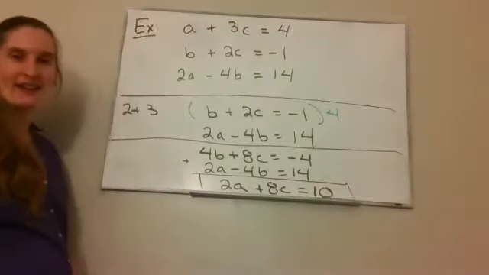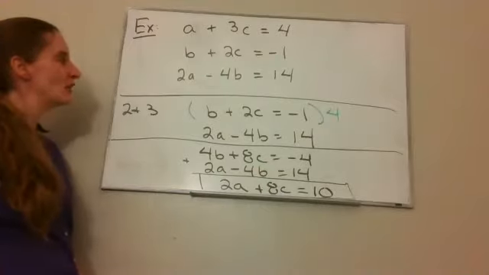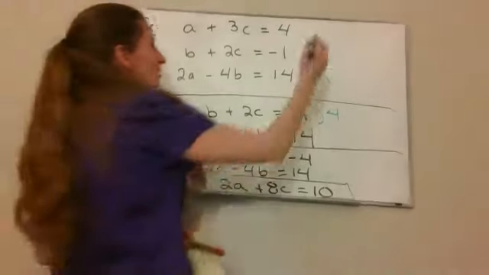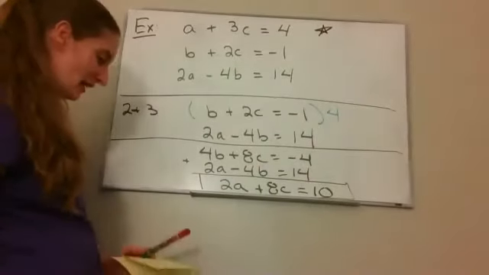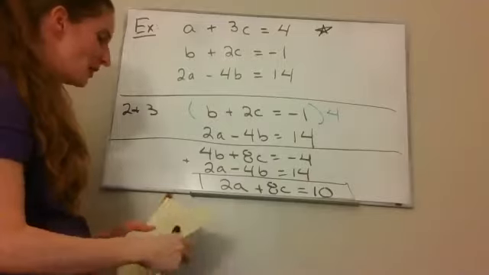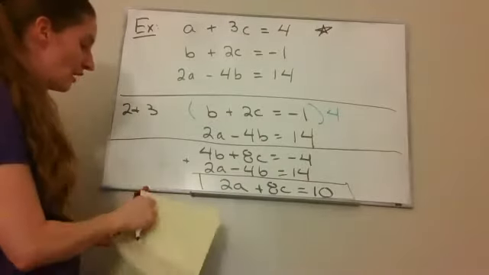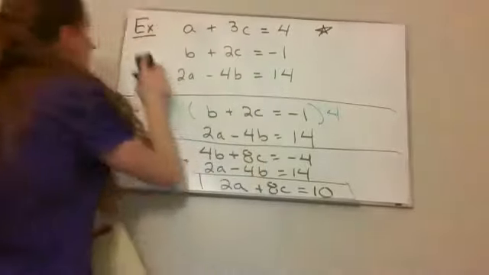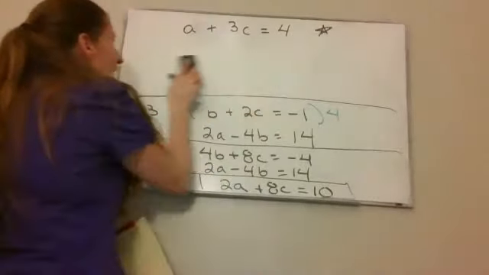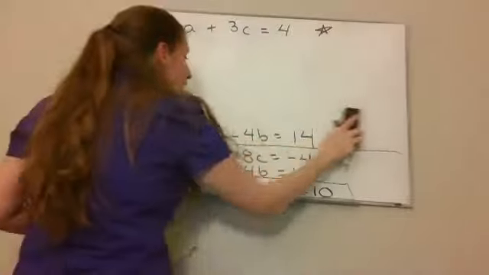So take a look at this equation we got by doing that. It has A and C in it. And if I look back at my original equations, that top equation already has A and C in it. So I'm going to match those 2 equations up and solve that system of equations. So I have A plus 3C equals 4.